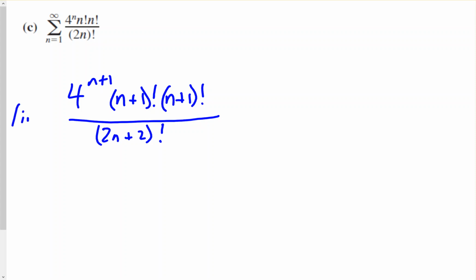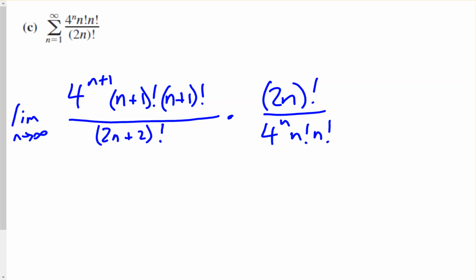Okay, let's go right into the ratio test. Dividing by the original series or multiplying by its reciprocal, so multiply by 2n factorial over 4 to the n times n factorial, n factorial. We see really quickly that we could write 4 to the n plus 1 as 4 times 4 to the n. n plus 1 factorial would be n plus 1 times n factorial, and another one next to it, n plus 1 times n factorial.